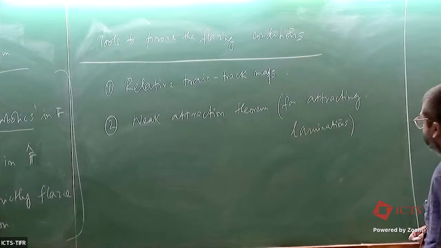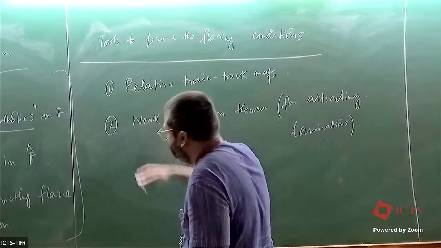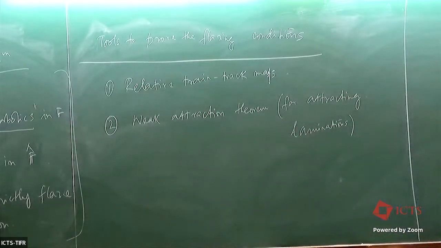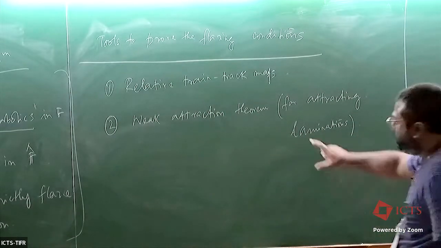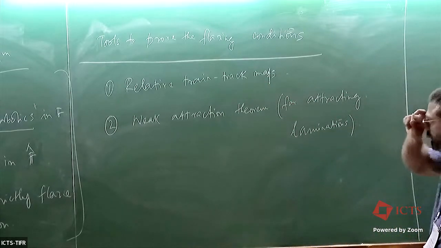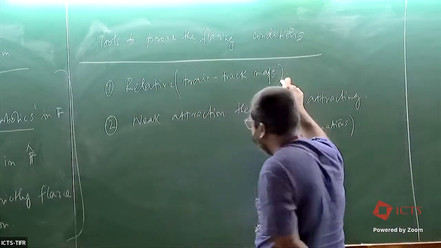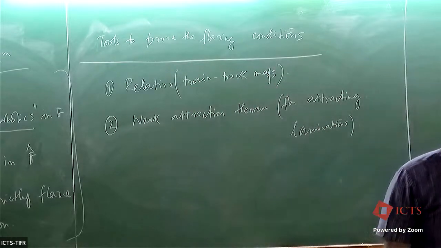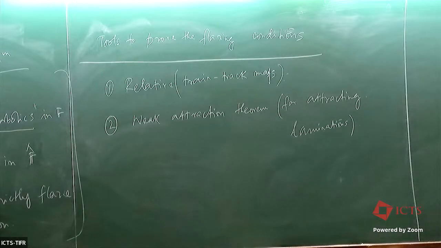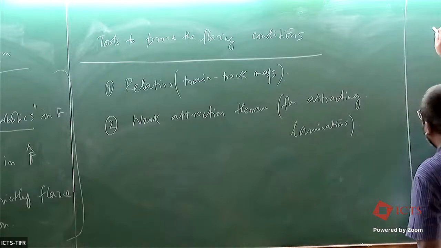All right. So let me give you a quick overview of why, how will we be using these things, right? Damani already defined what a train track map is for a fully reducible outer automorphism. We need relative train track maps because our automorphisms may not be fully reducible.